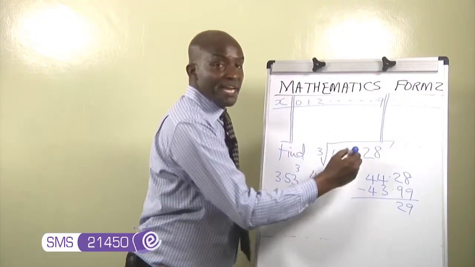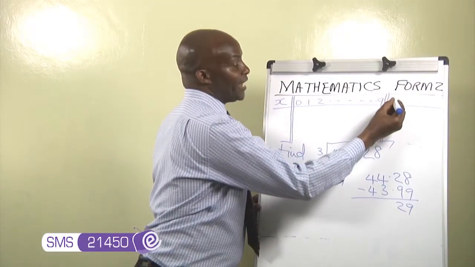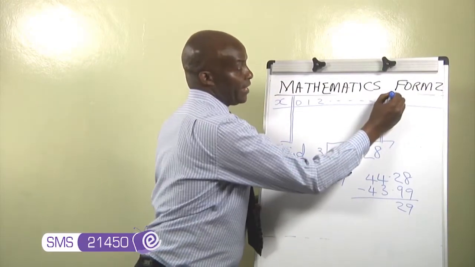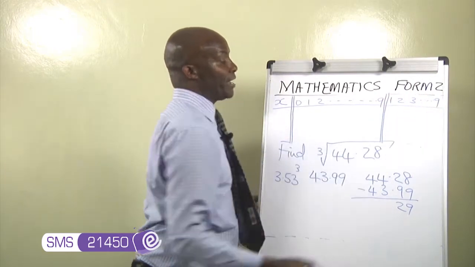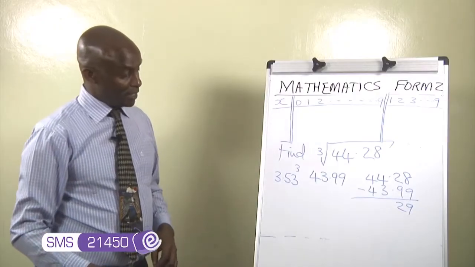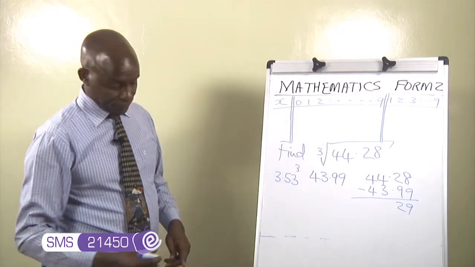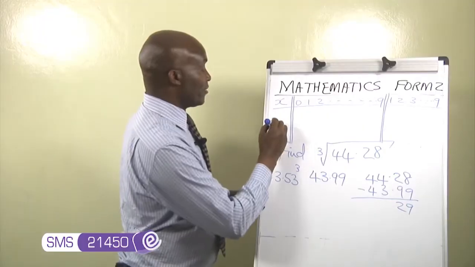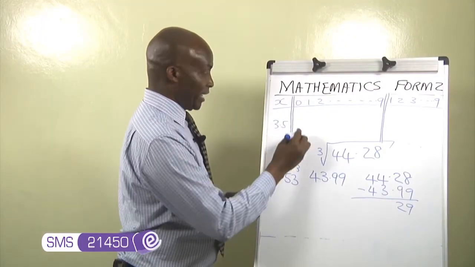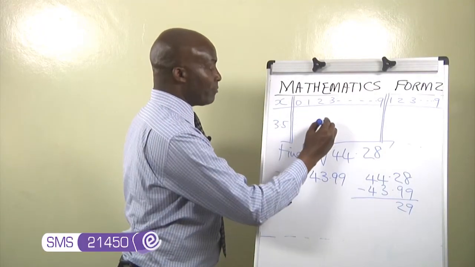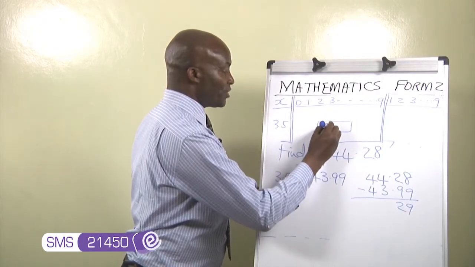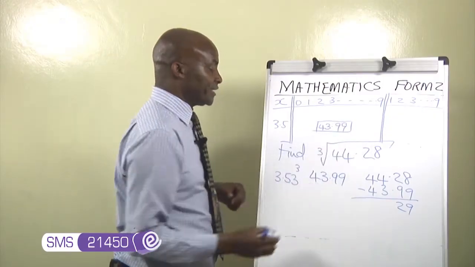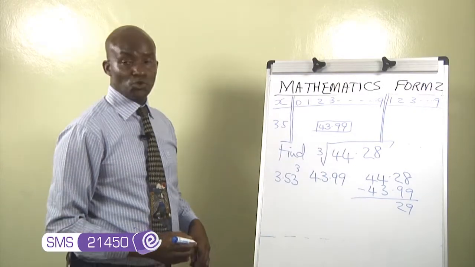And then we have the minor columns where it says add. And we have column 1, 2, 3, all the way to column 9. So we are now at 3.5 and we have come under column 3 to find the number 43.99, which is just below 44.28.